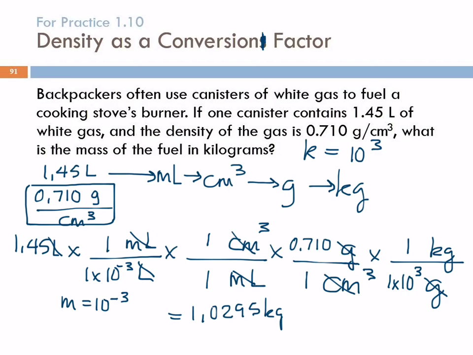How many sig figs should I round my answer to? 3. My starting number, my volume in liters, has 3, and the density has 3. The others are exact. So that's going to be 1.03 kilograms.